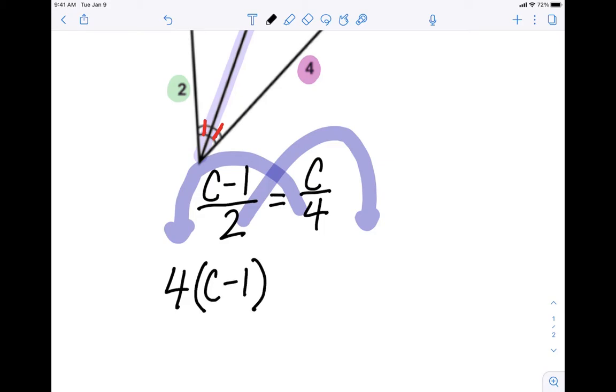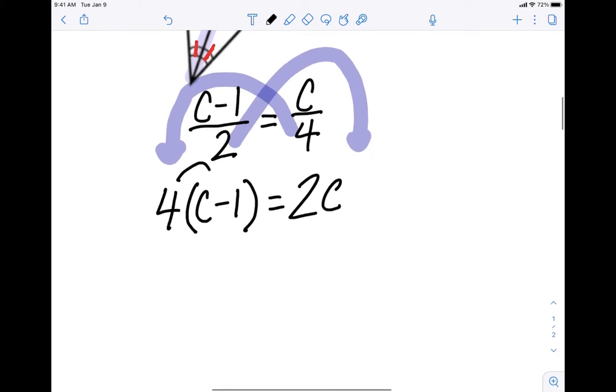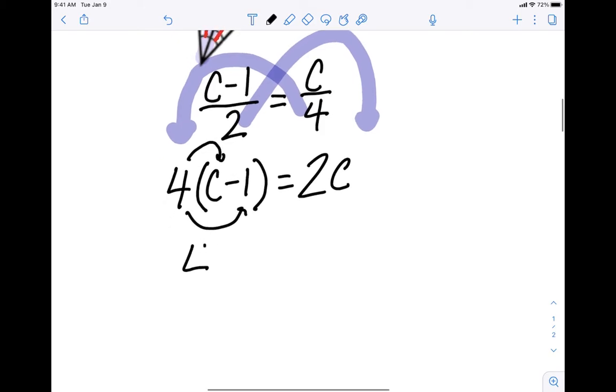I know parentheses means times, right? Okay. Is equal to 2 times c is 2c. And here I distribute 4 times c and 4 times negative 1. So this gives me 4c minus 4 is equal to 2c.